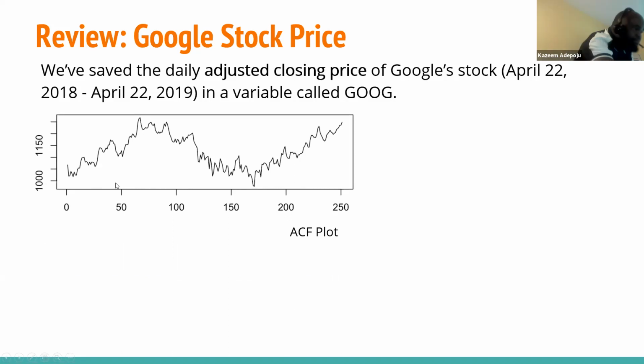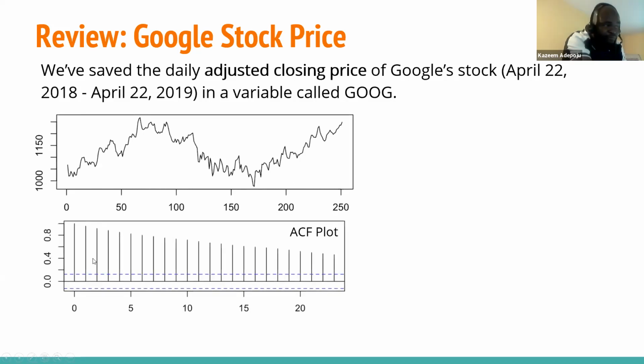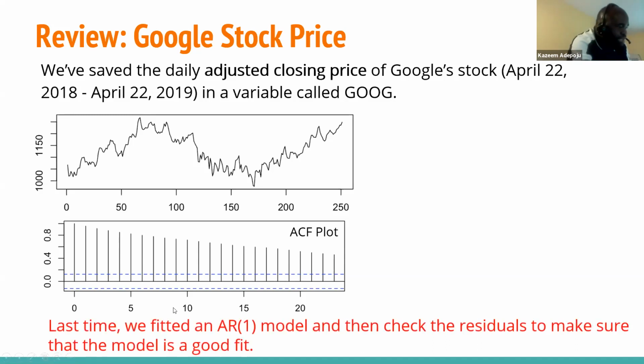This is the ACF plot, and it tells us the autocorrelation is decaying. When it is decaying like that, it implies that an autoregressive model may be appropriate, and that was why I said the last time we fitted an AR1 model.